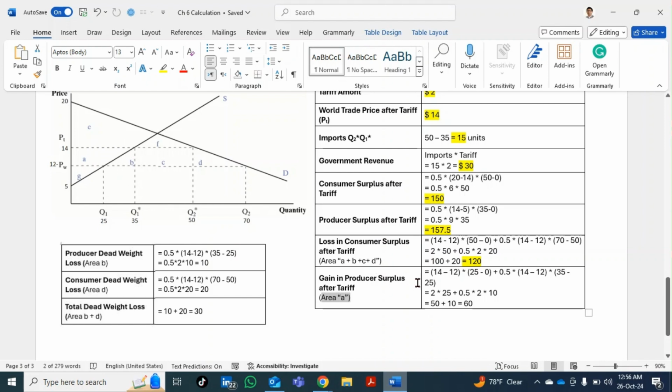So let's start with 14 minus 12, that's the change in the price. First till 25, that's 25 minus 0. So up to that it will be calculated. That is 25 minus 0, plus, now we have this triangle from point 25 till 35 and between 12 and 14. That we will calculate with 0.5 multiplied by 14 minus 12 and multiplied by 35 minus 25.